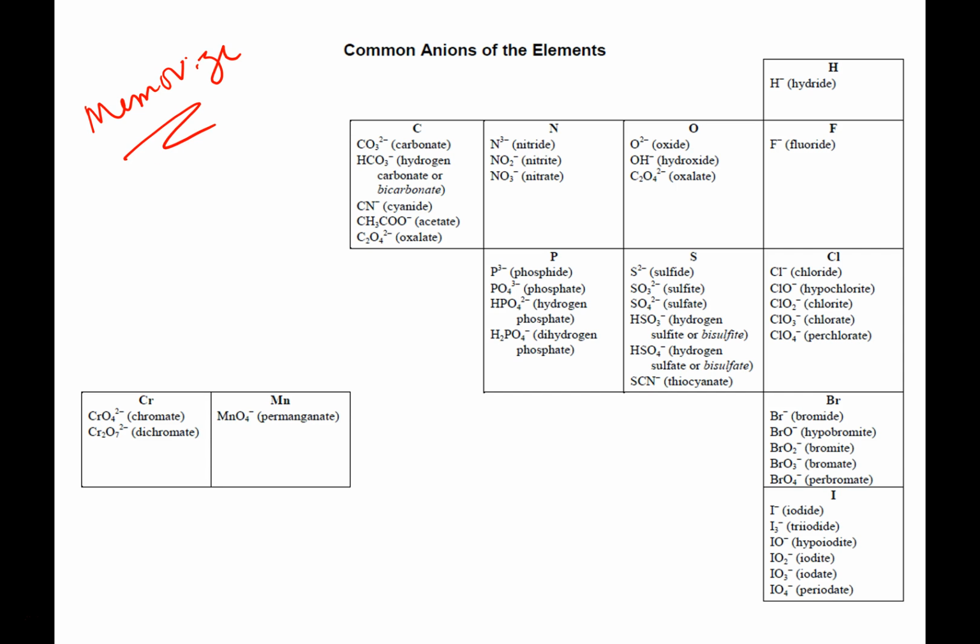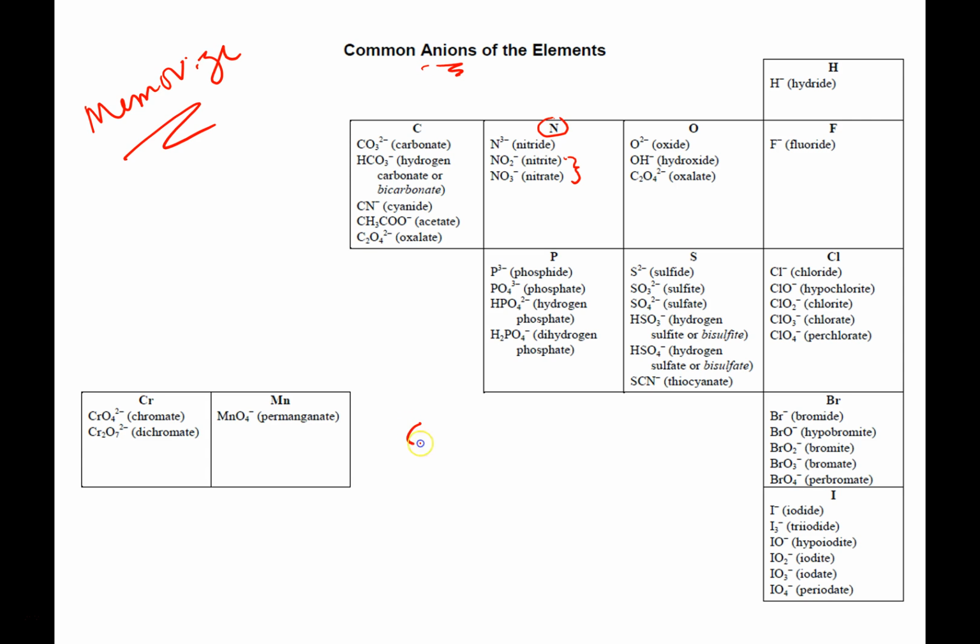First off, are these negatively charged or positively charged? Negative. They are negatively charged. See how it's organized: you find nitrogen, and these are the polyatomic ions for nitrogen. There's nitrate. So these are negatively charged anions.